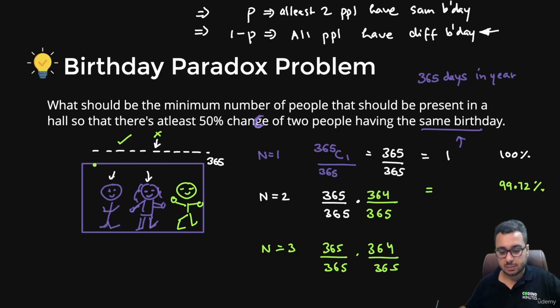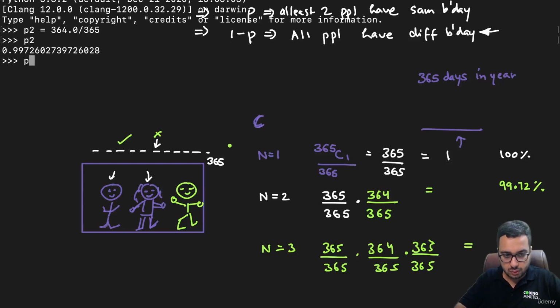The third person wants a different birthday, so he can choose from 363 options, 363 divided by 365. So P3 is P2 multiplied by 363 divided by 365.